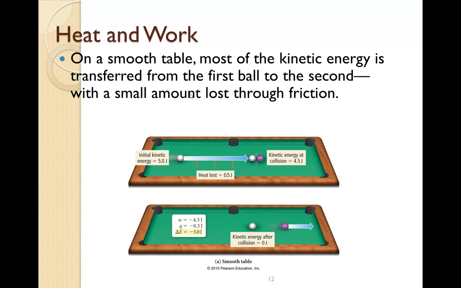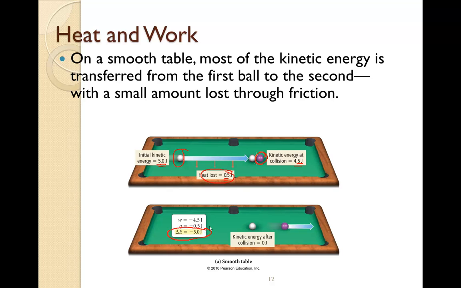So let's talk about that a little bit more in physics terms and something you can relate it to. On a smooth table, most of the kinetic energy is transferred from the first ball to the second ball, with a small amount of energy that's lost from friction. So if you originally hit the ball at 5 joules, some of the heat is lost through the friction, but you still have most of it left over. The final amount is -5.